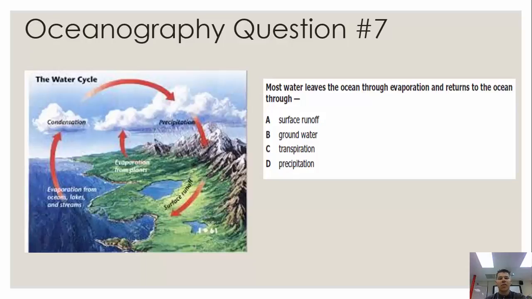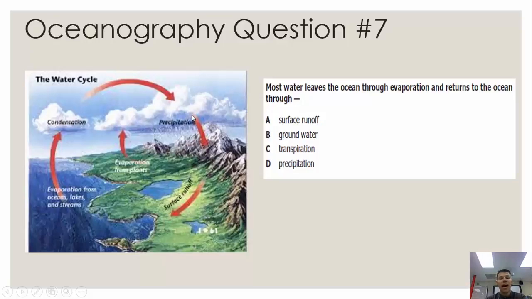Alright, we got a water cycle question here. Most water leaves the ocean through evaporation from the sun's ultraviolet rays, evaporating the water, turning it to water vapor, and putting it in the air. And then how does it get back to the ocean? Well, it gets back to the ocean when there becomes too much water vapor in the air and you've got some condensation nuclei, something for the water to bond to and form clouds.